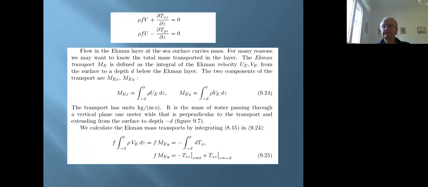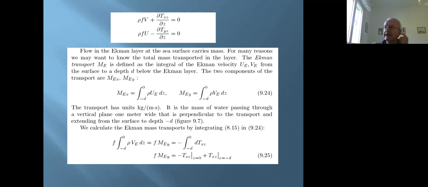Okay, so now let's see the Ekman transport. We said in advance that it is to the right-hand side with respect to the wind direction. We will obtain this by integrating the equations of motion, by integrating the Ekman solutions with depth.